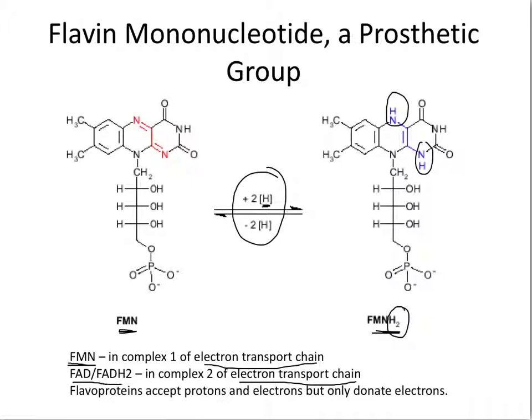FAD, which is not shown in this figure but is a very similar molecule, which is a prosthetic component of flavoproteins, is found in complex 2 of electron transport chains. One important feature of the flavoproteins is that they can accept protons and electrons but they only donate or transfer electrons.